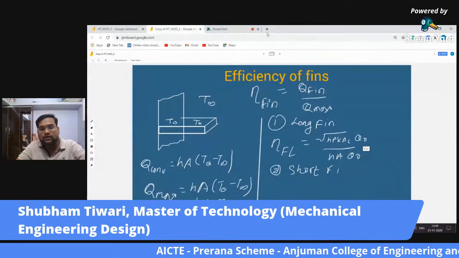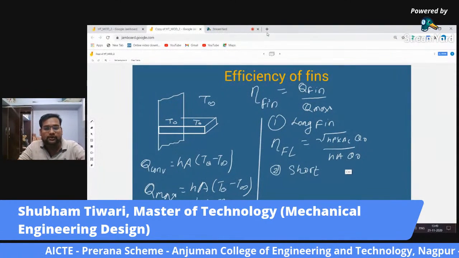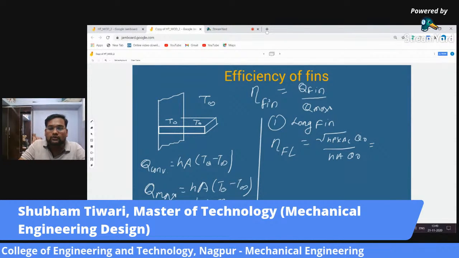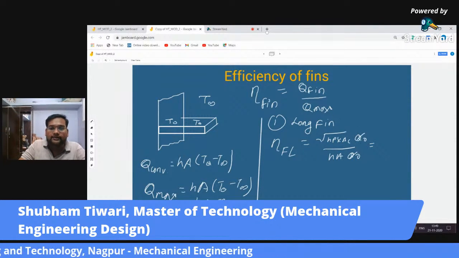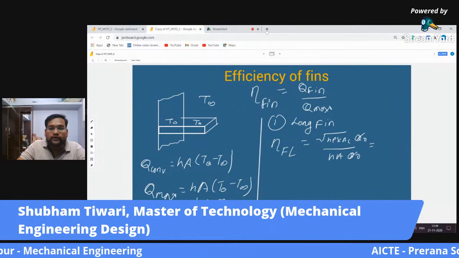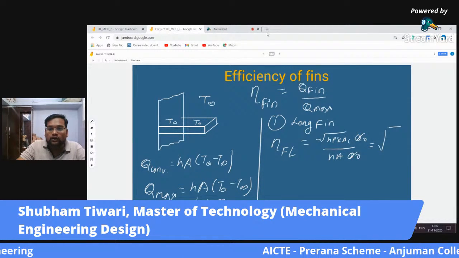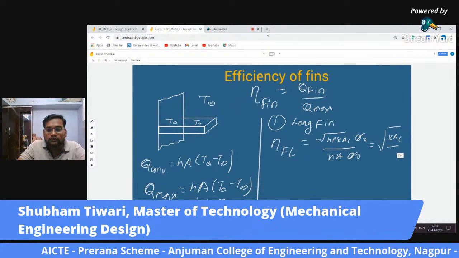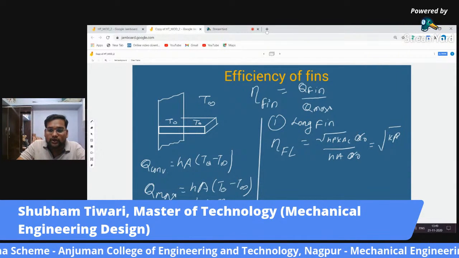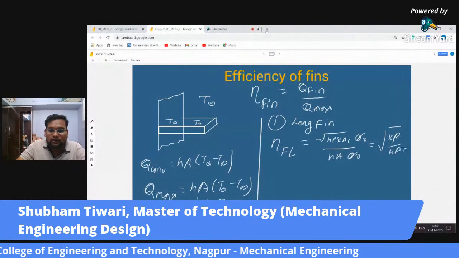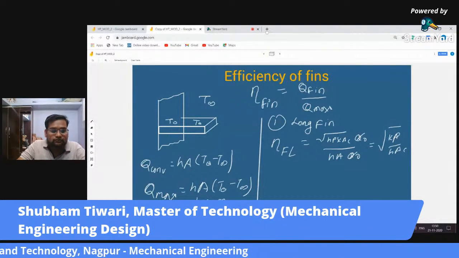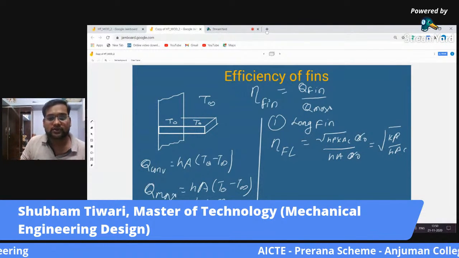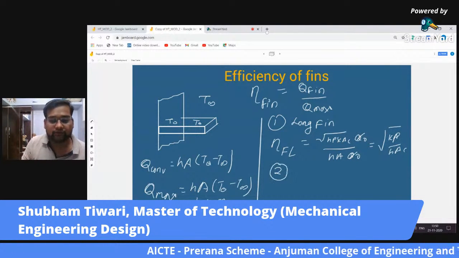Theta naught gets cancelled, and here we have under root of KP upon HAC. Sorry for the interruptions, I forgot to write it down. So this is the value for the long fin.